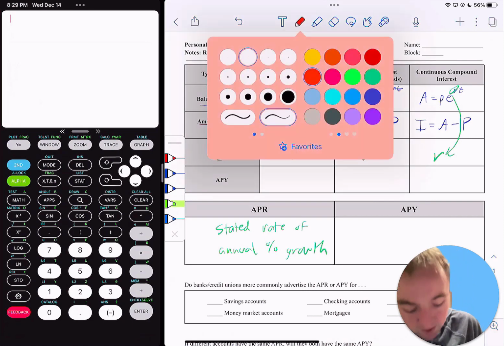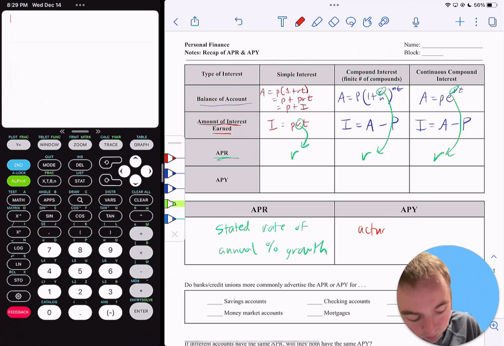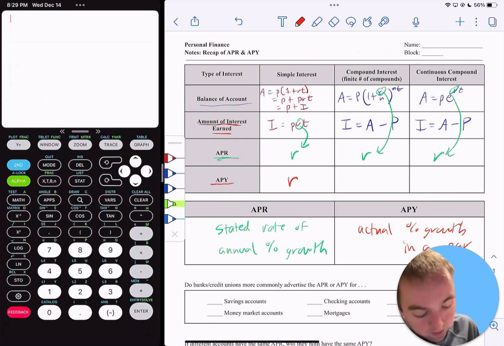But as we've learned and talked about, the APY, the annual percentage yield, is the actual percentage growth in a year, right? And formulaically, they just come from the simple interest and compound interest formulas. In the case of simple interest, your APY is always the same as the APR. But in the case of compound interest, your APY is equal to 1 plus r over n, to the n.